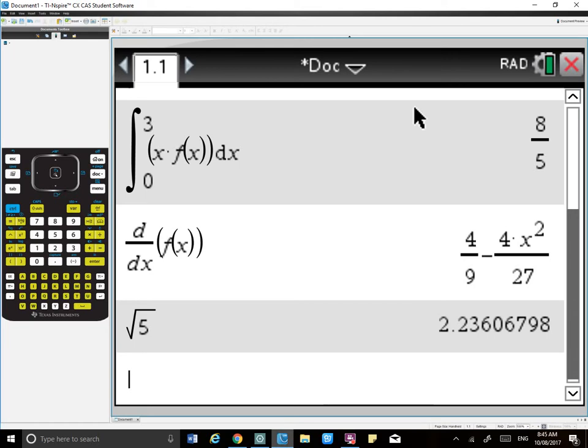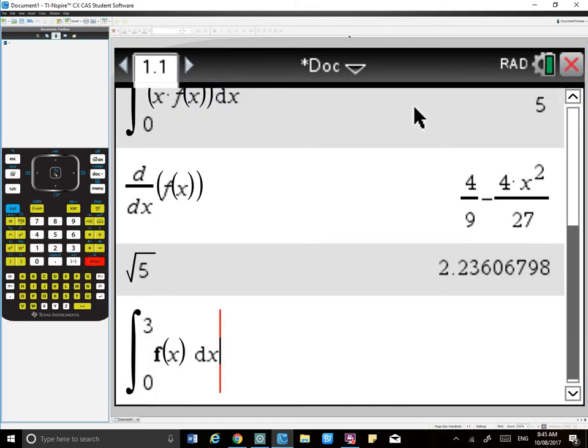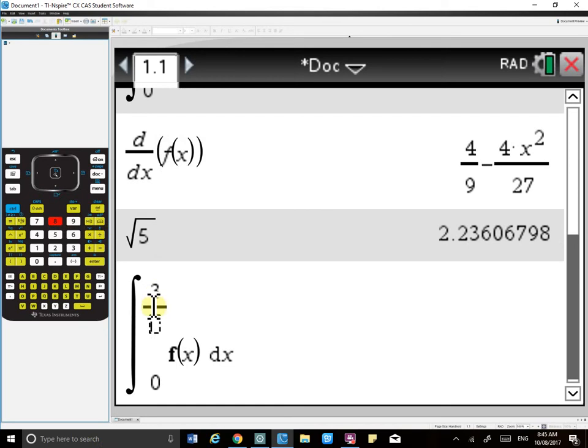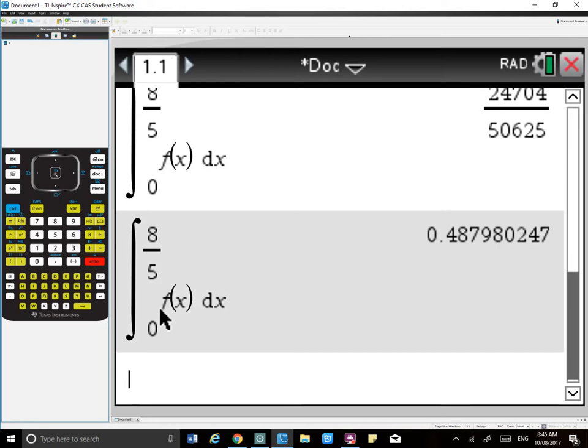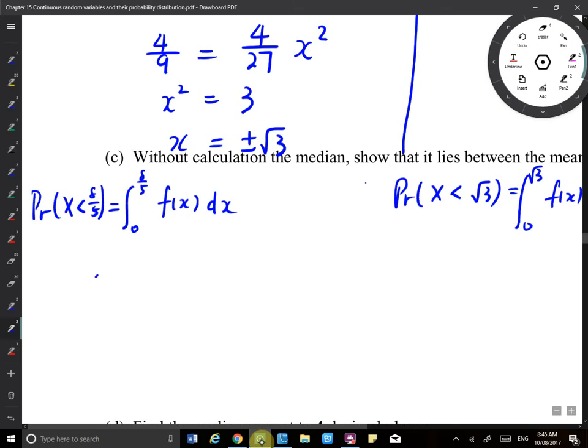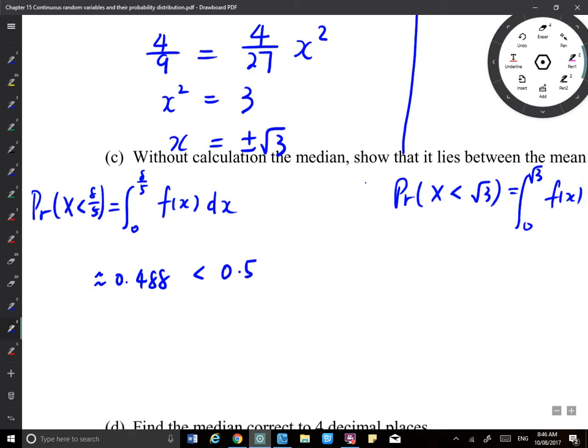Let's copy that down. So 0 to 8 over 5. Control Enter gives approximately 0.488, which is less than 0.5.